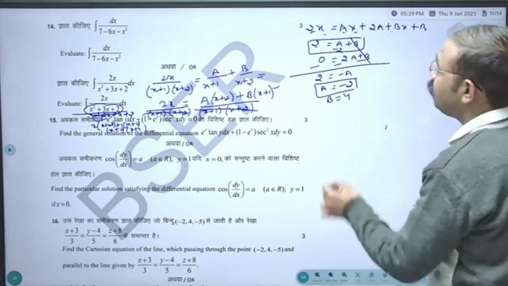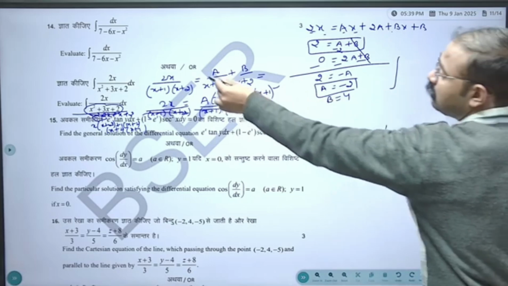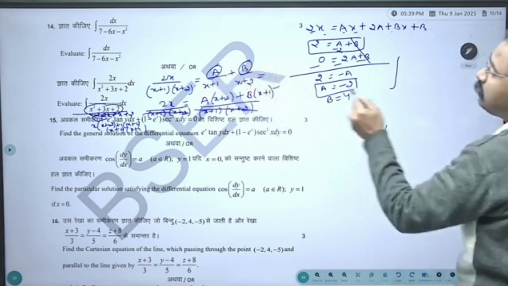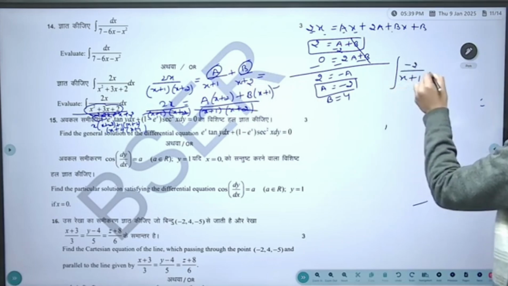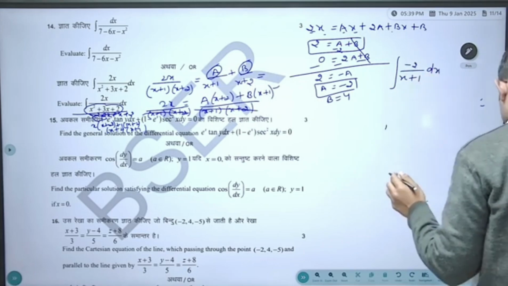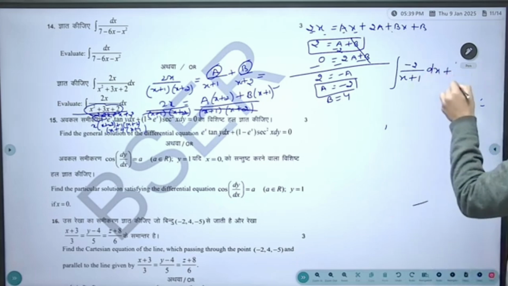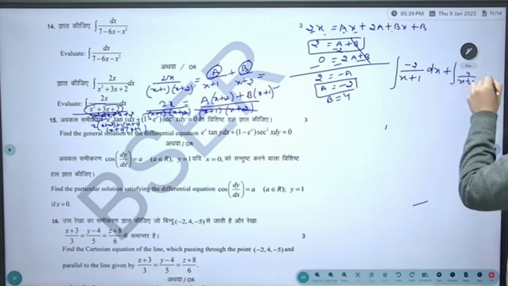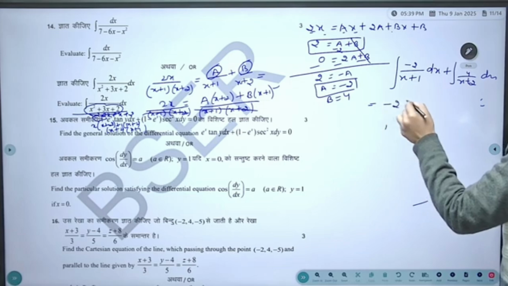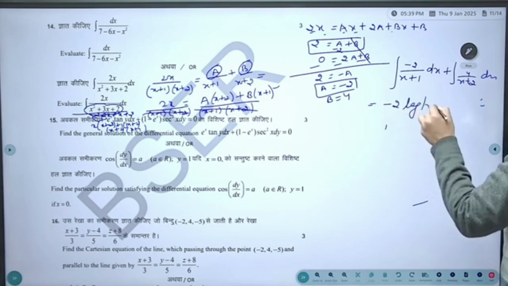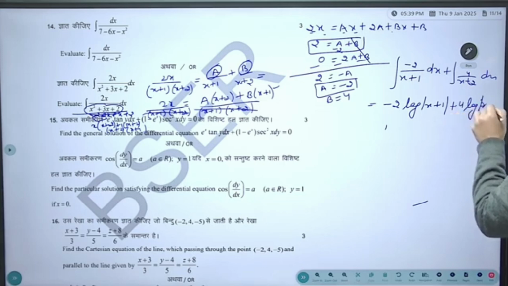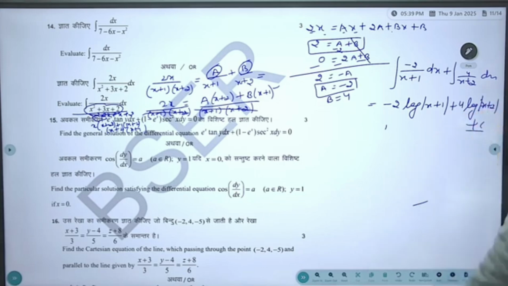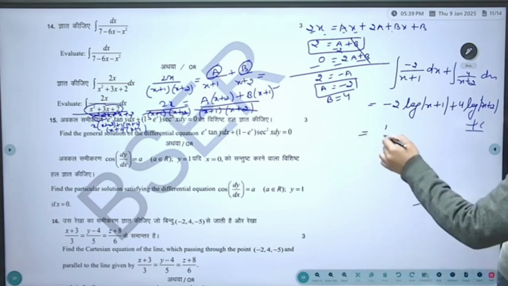So by integrating this, we just need to put here the values of a and b, and simply we will integrate it. At the place of a, minus 2 upon x plus 1 dx, and plus 4 upon x plus 2 dx, gives minus 2 log mod x plus 1 plus 4 log mod x plus 2 plus c. This is our answer. We can simplify this further also.